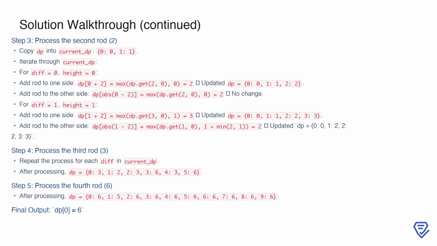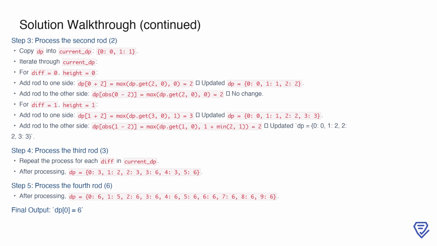Now, we move on to the second rod, which has a length of 2. Again, we copy the current state of dp into current_dp, which is now {0: 0, 1: 1}. For diff equals 0 and height equals 0, adding the rod to one side results in a new difference of 0 plus 2 equals 2, so we update dp[2] to 2. Adding it to the other side gives a difference of abs(0 - 2) equals 2, but no further update is needed as the height remains the same.